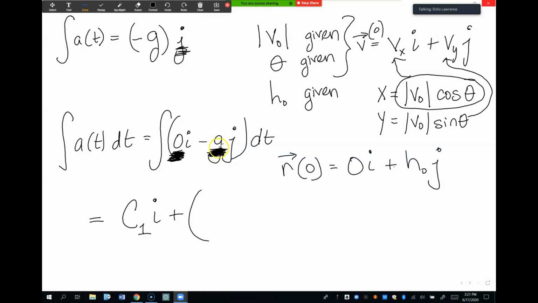So what is the antiderivative for just some number here? What would be the antiderivative for 32? Whose derivative is equal to 32?